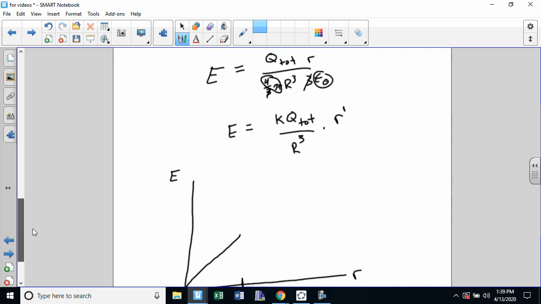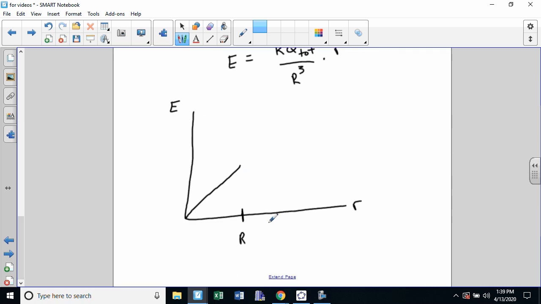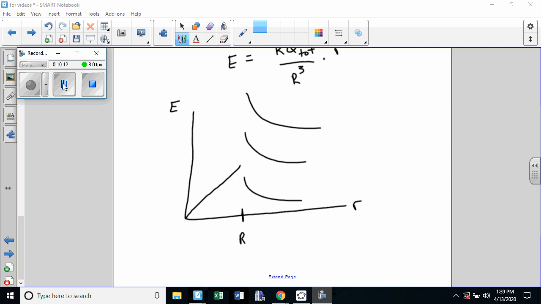The one thing that I want to check is, well, I know that the shape of the curve is 1 over r squared after this portion. I just don't know where.